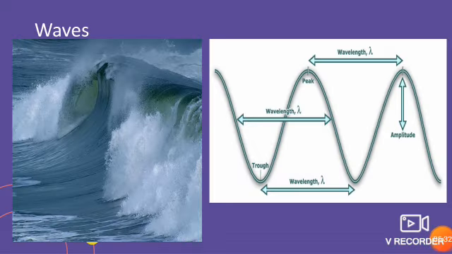Waves. The rise and fall of the water on the ocean surface is called waves. Due to wind force, the waves are formed. If the wind force is faster, then the ocean forms bigger waves. If the wind force is slow, then the waves are smaller.